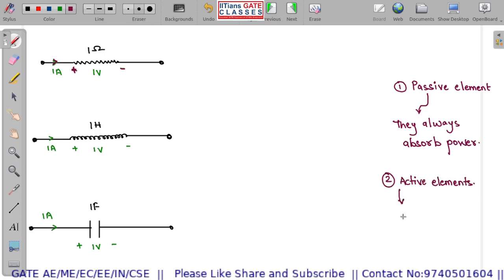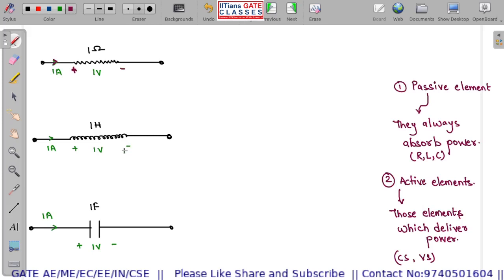Active elements are those elements which deliver power. Examples of passive elements are R, L, C: resistor, inductor, capacitor. Active elements are the current source, the voltage source, or a battery also you can say.